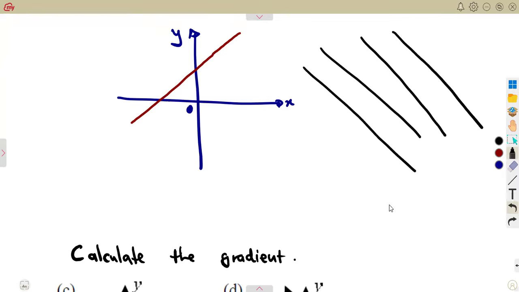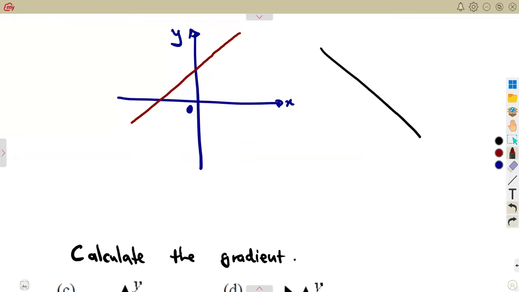These lines have a different gradient from these lines. The gradient, remember, is the steepness of the slope. So the slope of this is increasingly going up. This one is going down.